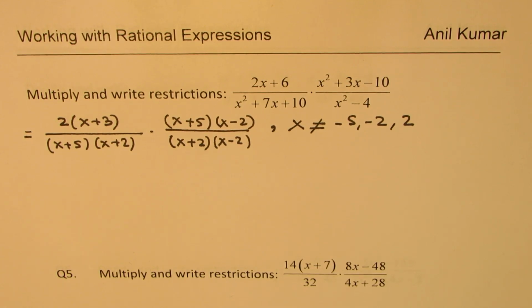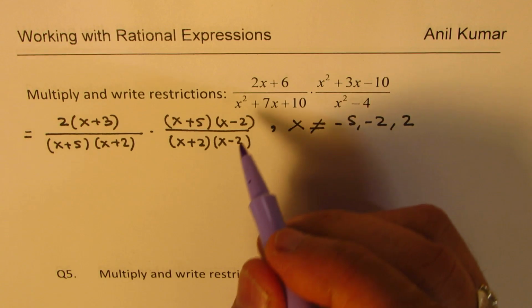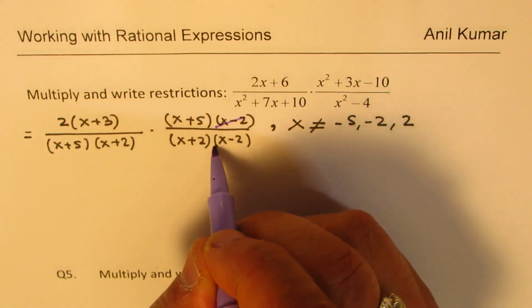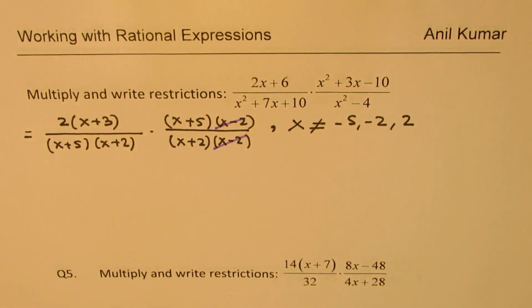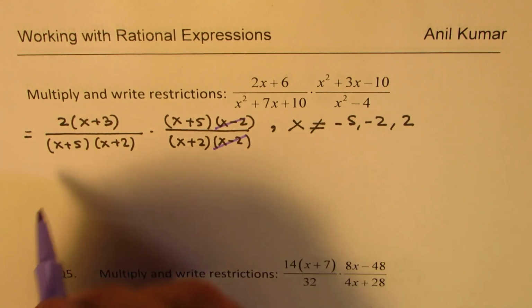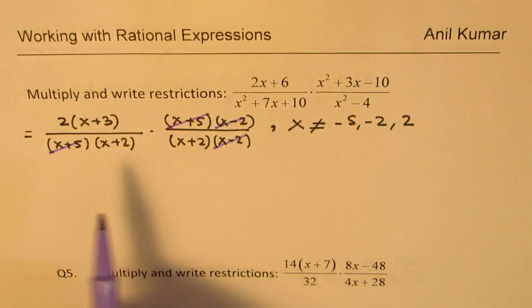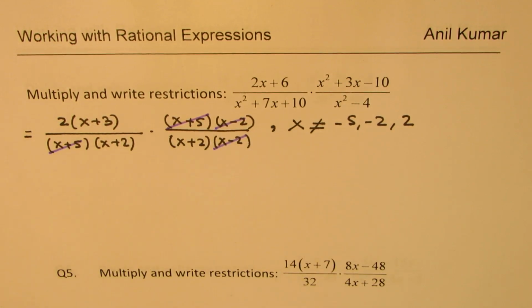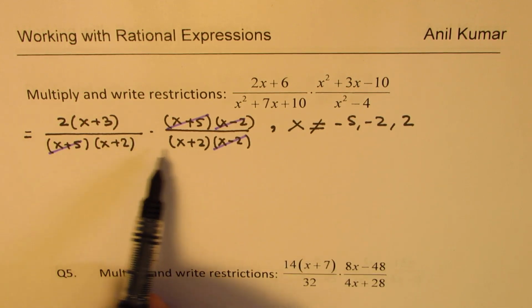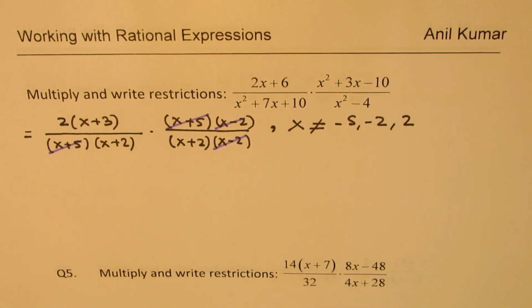Now we need to simplify and we can cancel out some common terms. x minus 2 cancels. Is there any other term? Yes. We could also cancel from here to there. It's like all numerator and all denominator is kind of the same thing. So I hope that step is absolutely clear, right? You cannot cancel these, they multiply and become a square, okay?